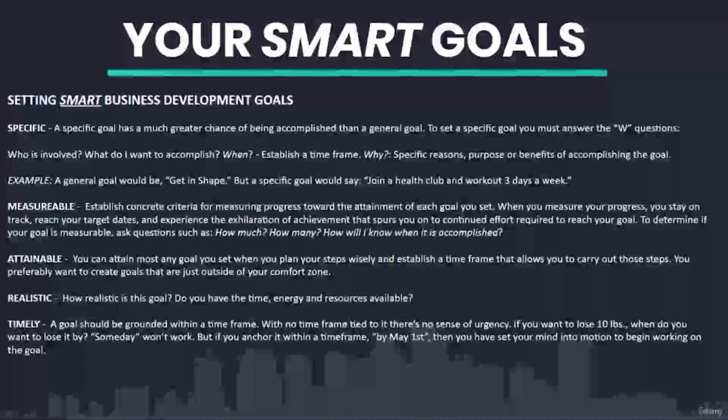And at the very end of that is how will you know when it is accomplished? What are you going to be feeling? What are you going to be seeing? What are you going to be experiencing so that you know that you have reached that goal? So it's very important to measure that goal and to know when exactly you have accomplished it by setting your criteria there.